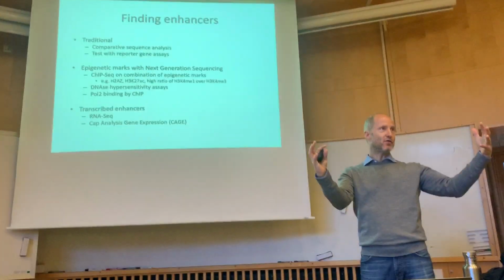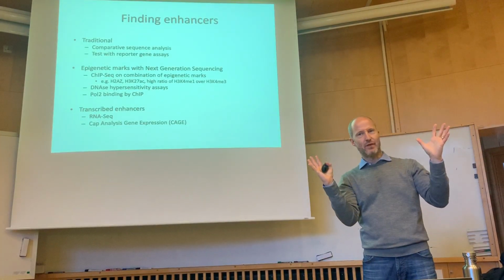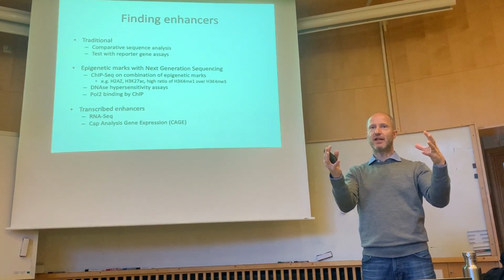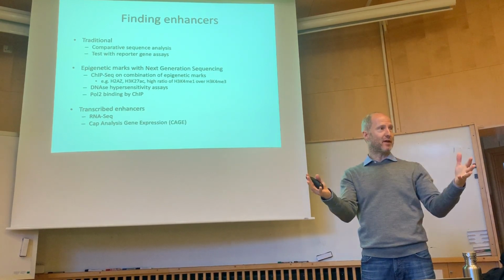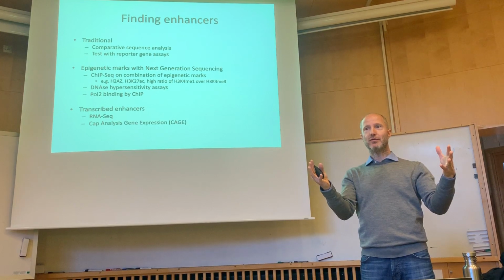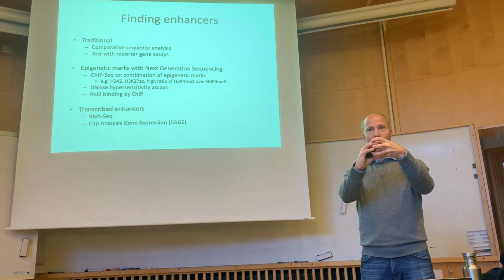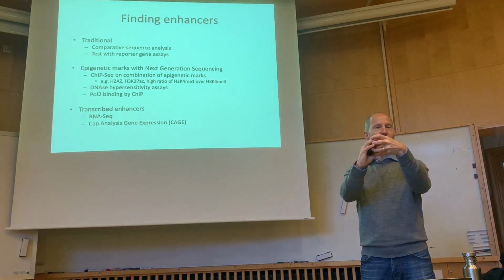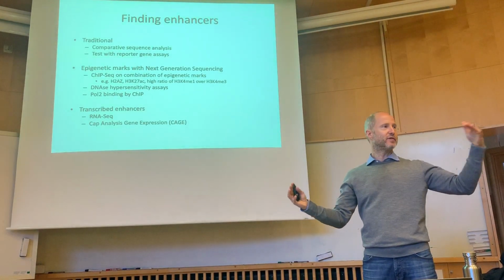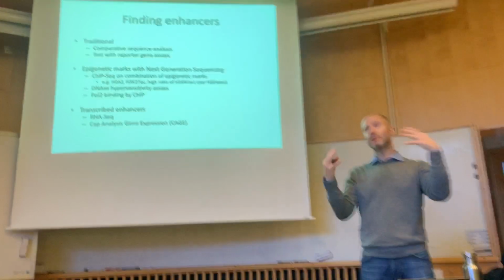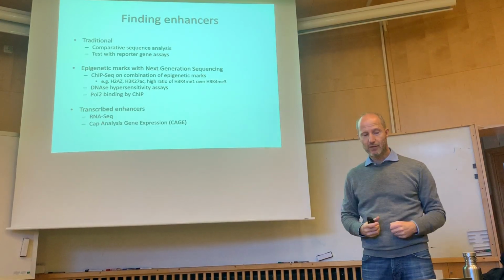But if the DNA is open, it can chop. It's very simplified. You treat the cells with DNase, then you wash away the DNase, and then you sequence your fragments. In regions that were closed, you don't have any sequencing fragments. In regions that are open, you have a lot of sequencing fragments. So you can distinguish open chromatin from closed chromatin.